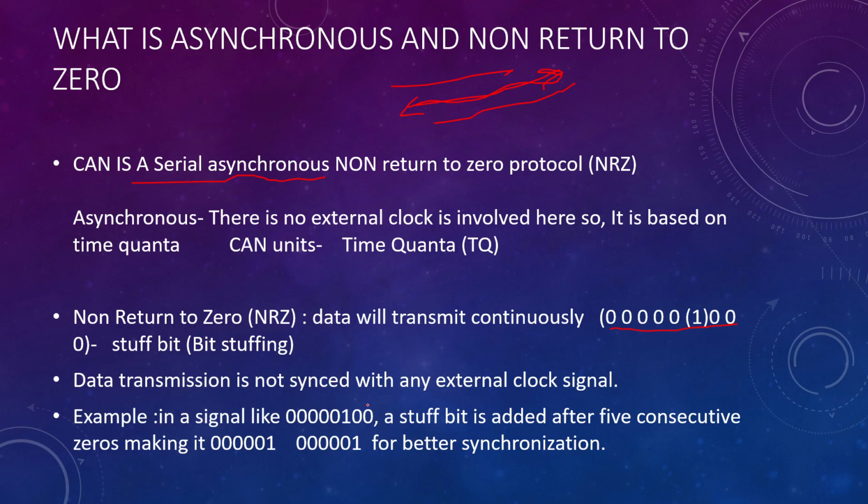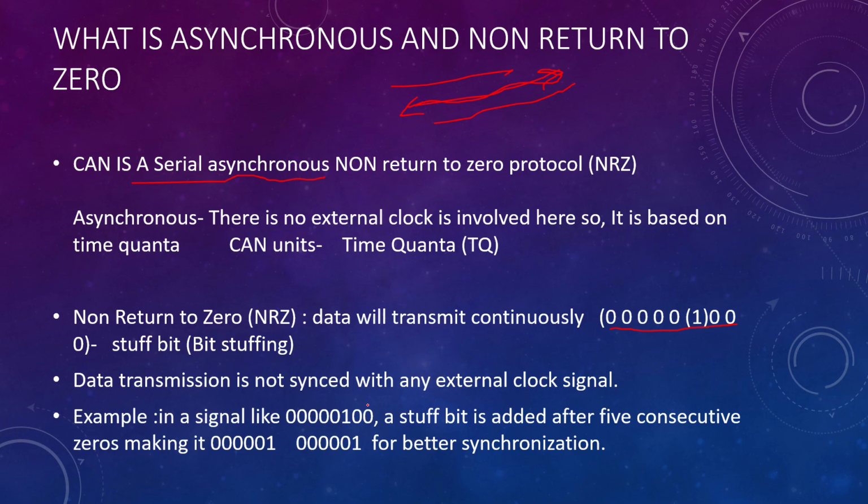For example, whenever we transmit data from one node to another node, bit stuffing exists because if you send the same type of data or bits to the ECU, some noise may be added and the data may be corrupted. To avoid that corruption, bit stuffing comes into the picture.